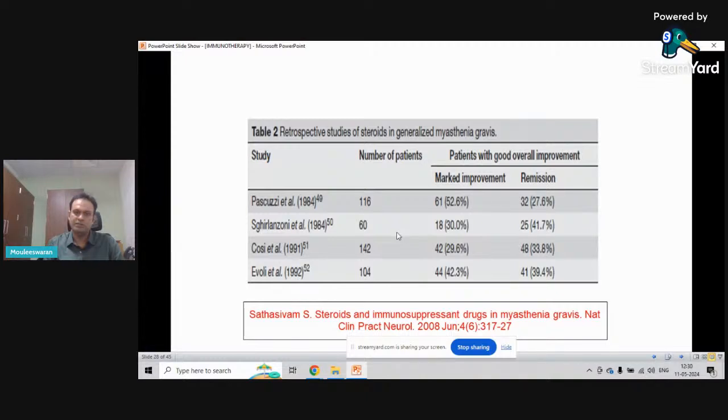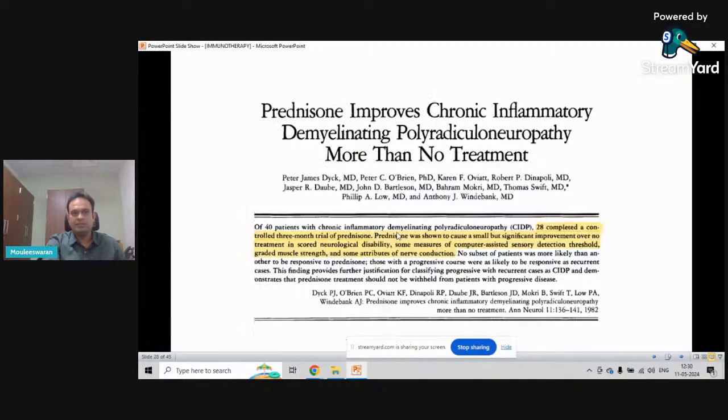So the effect of this group of drugs has already been established in myasthenia gravis, and in patients with chronic inflammatory demyelinating polyradiculopathy, the use of prednisolone was studied, and it has shown that there is significant improvement in patients who have received prednisolone. So steroids form an important tool in management of these patients along with other modalities.